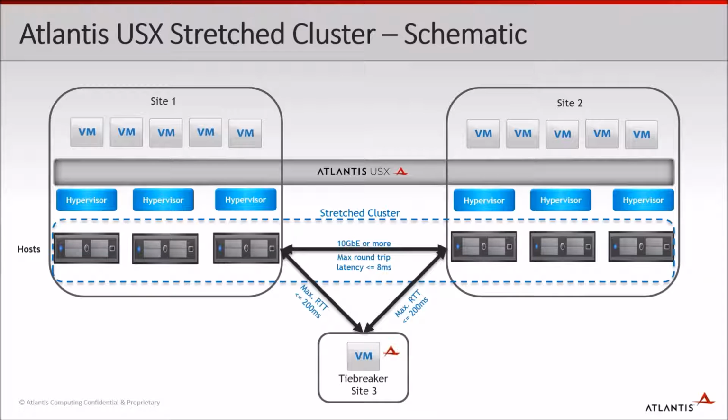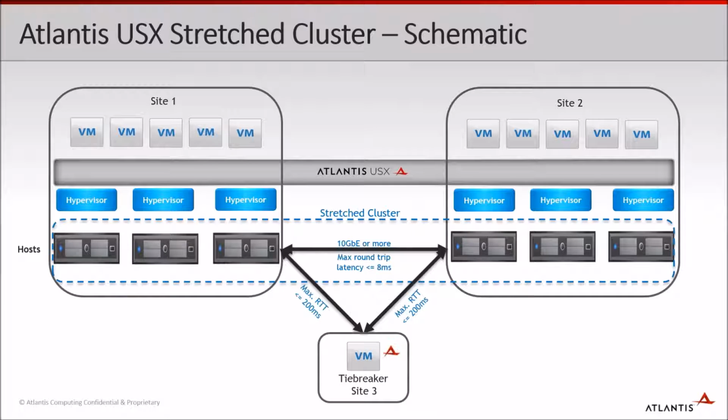We also have a tiebreaker at a different site. It doesn't have to be an entire data center. It just needs a place where you can run a simple virtual machine, and that virtual machine essentially acts as a tiebreaker should you lose connection between your site 1 and site 2, between your production sites.